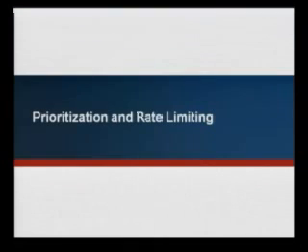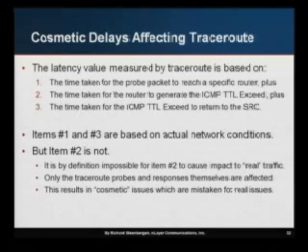So the next big issue when it comes to analyzing traceroute is cosmetic delays, because the latency value of traceroute is determined by the time taken for the packet to get to the router that drops the packet, the time taken for the router to generate the ICMP, and the time taken for the ICMP to get back to you.